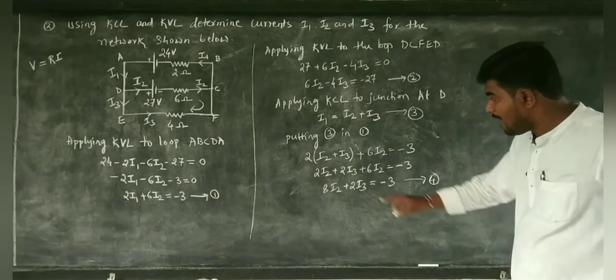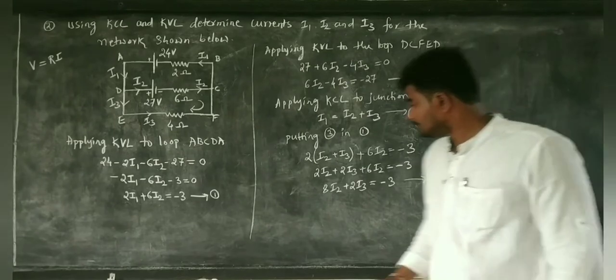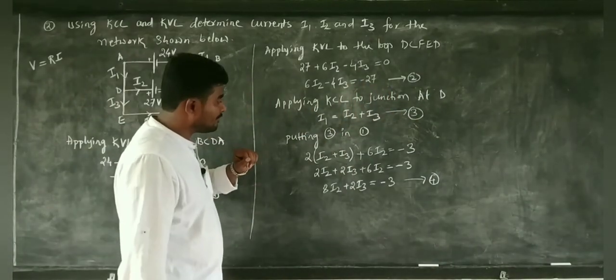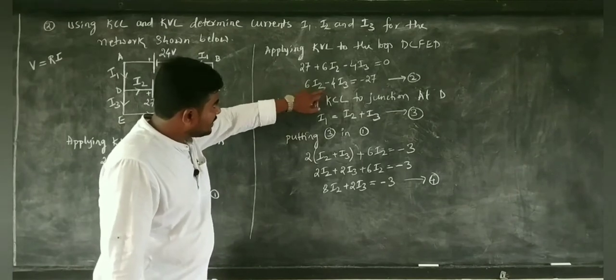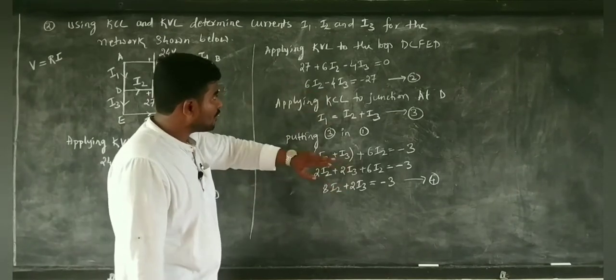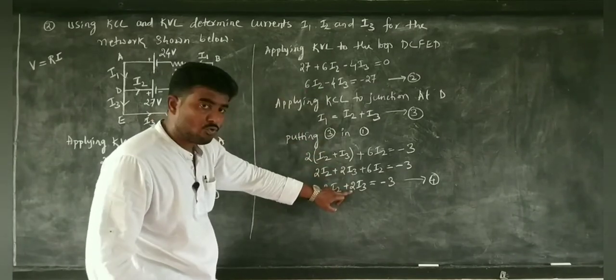Now I can equate equation 2 and equation 4. For that I am supposed to cancel one quantity. See here, 6 is there, 4 is there, 8 is there, 2 is there. Therefore, this is minus 4 and I will make this 2 to 4.